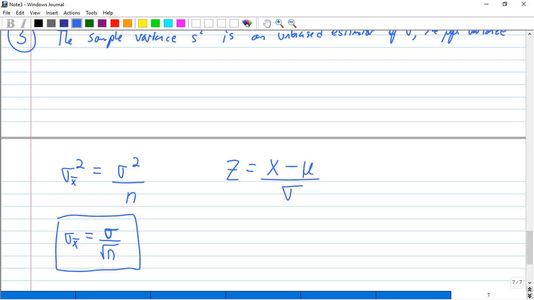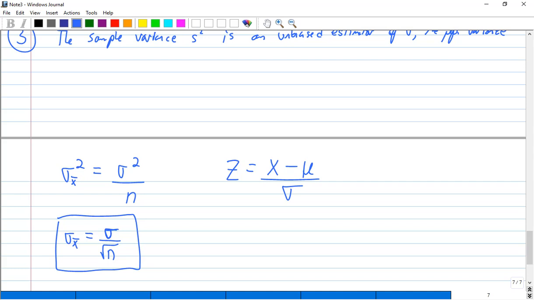Okay? And that is the formula that you use if you're talking about one value. But if you start dealing with sets of values, like instead of considering the birth weight of one newborn baby, I wanted to know what's the probability that the mean of the birth weight of 50 newborn babies would be over a value or under a value.